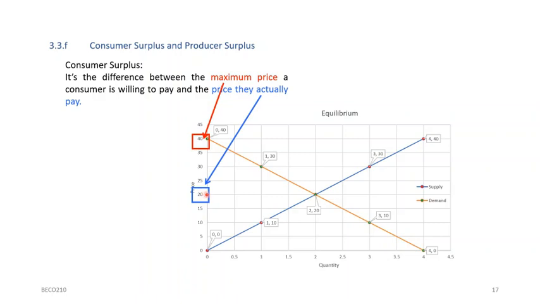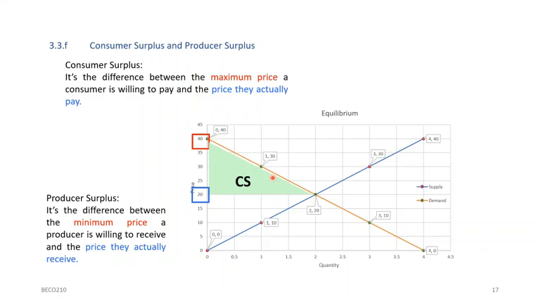This is the price, 20, and the quantity, 2. So the area under the demand stops at the price 20. The consumer surplus is represented with this triangle.